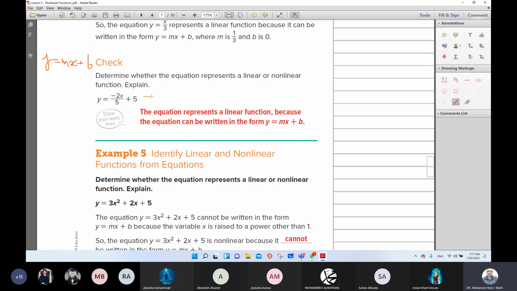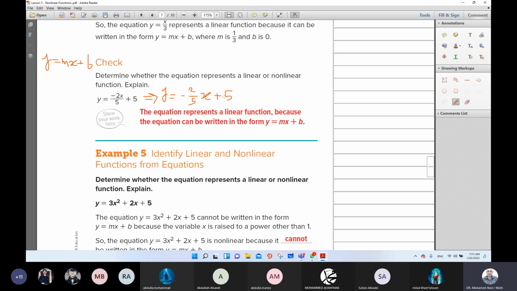Now this equation can be written y equal negative 2 over 5 x plus 5.